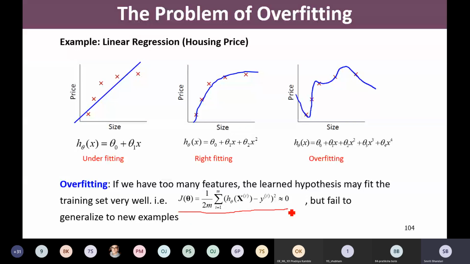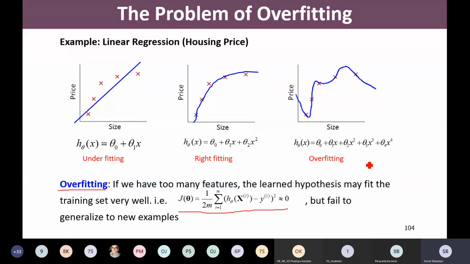In case of overfitting, for the training set, we may have our cost function near to 0, almost 0, but it fails to generalize for the new examples. And this is the problem of overfitting. Usually this problem is faced if we are having many features.